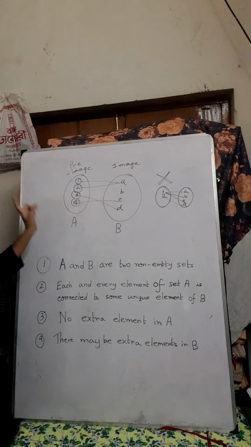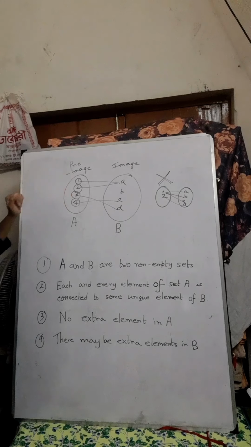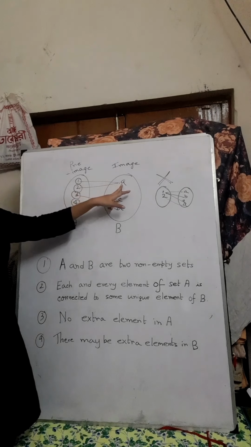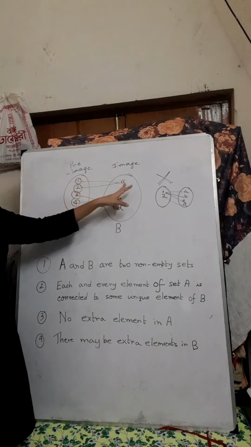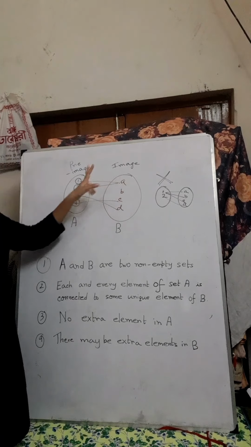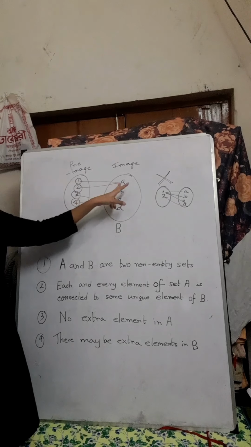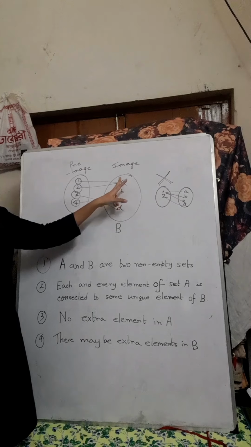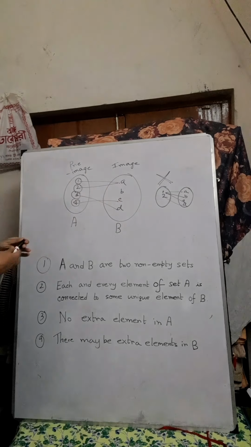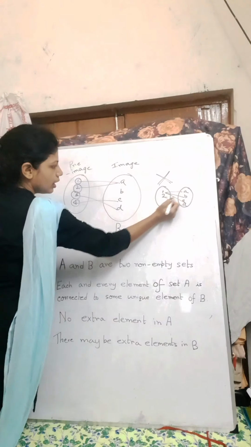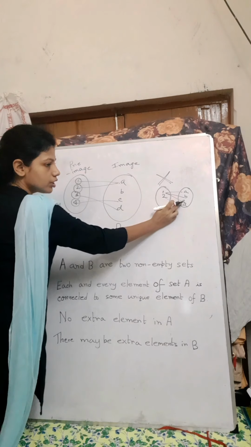Okay, so restriction number 1, there will be one image, means 1 to A, 2 to A. So it may be that for more than one pre-image, there will be one image. It is correct. But if one pre-image has more than one image, it is not correct.